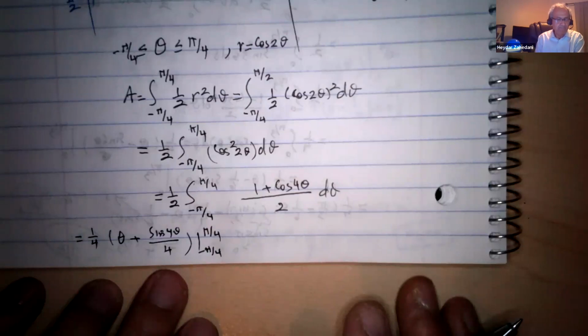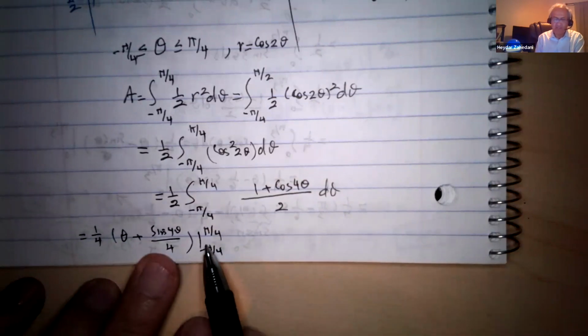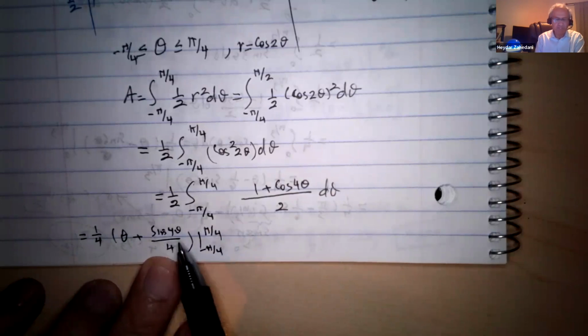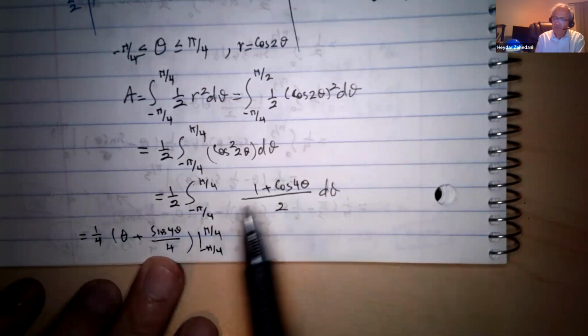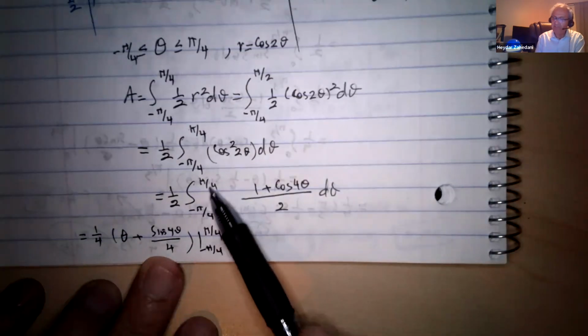And so what we are going to do is we can find it if you substitute to get these numbers. Okay, and you get pi/4, you substitute over here. Of course, you know, it's going to be symmetric. You get negative pi/4 to pi/4 over here.